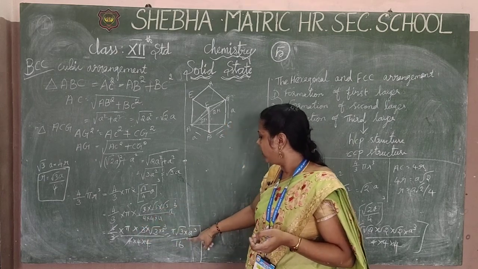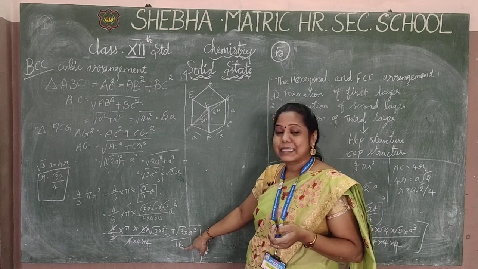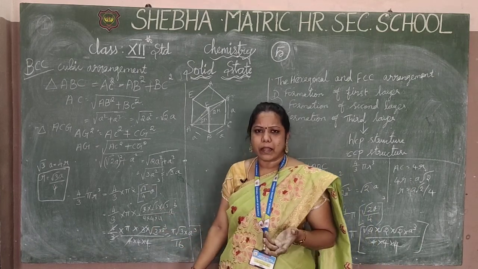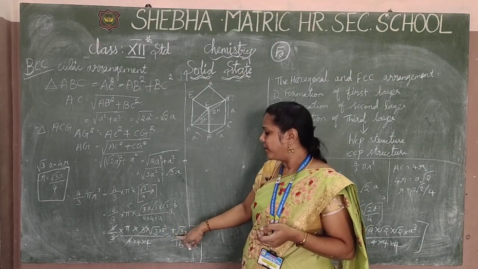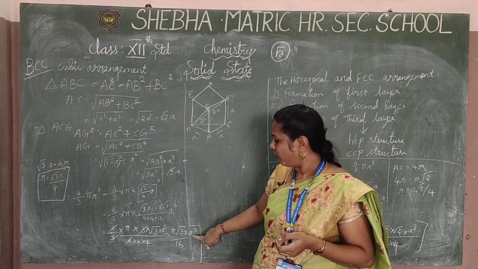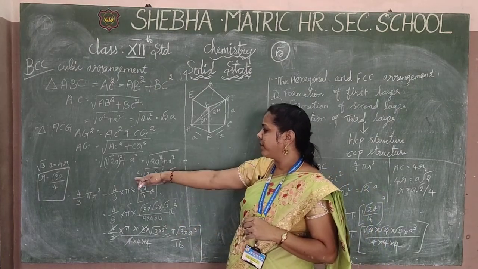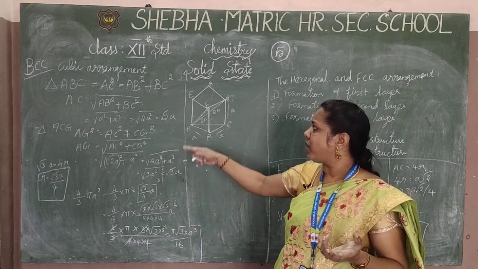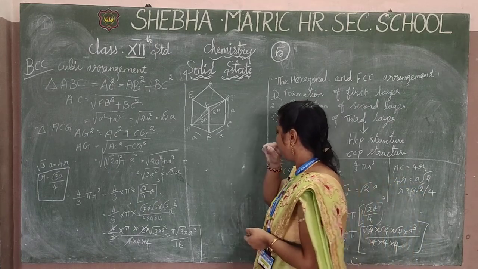Finally you get pi root 3 into a cube by 16. This is the volume of the sphere of the BCC, body centered cubic arrangement.